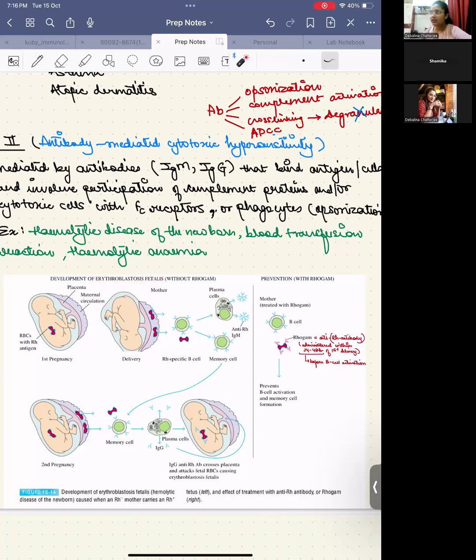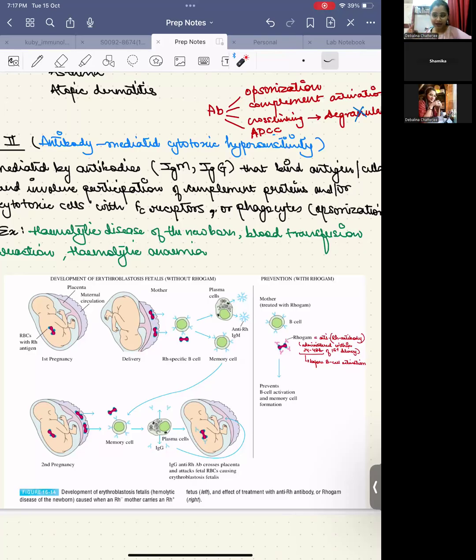What happens essentially when a fetus is growing, we have enough barriers in place. There is no transfusion of blood through the placenta, right? But the antibody molecules can still cross through the placenta. In the first pregnancy, say the fetus is Rh positive, this pregnancy can be successfully carried out. Why so?